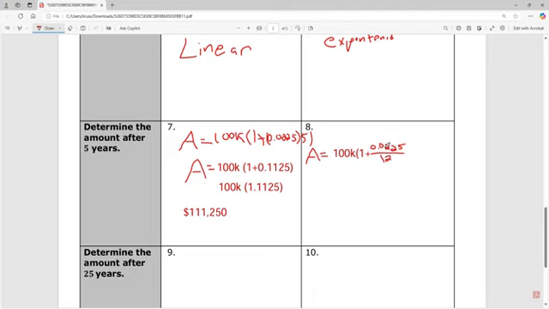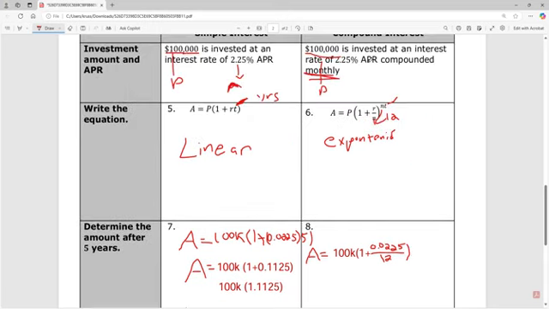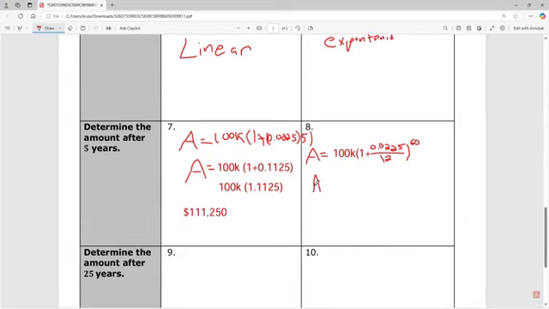So each month I'm getting 1/12 of that annual interest. Okay, raised to the T, which is 5 times 12, which is 60. Okay, so when I plug all the numbers in here, I get A equals $111,895.44. Which is a little more than $600 more in the 5 years. So compounding is better in that case.